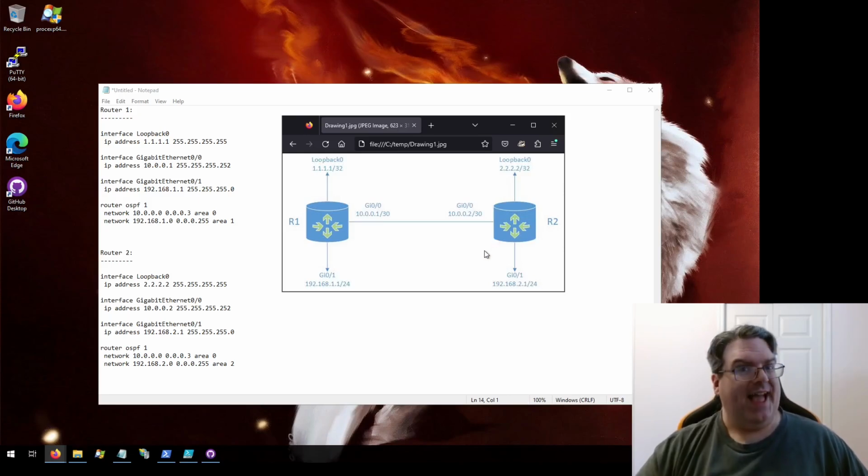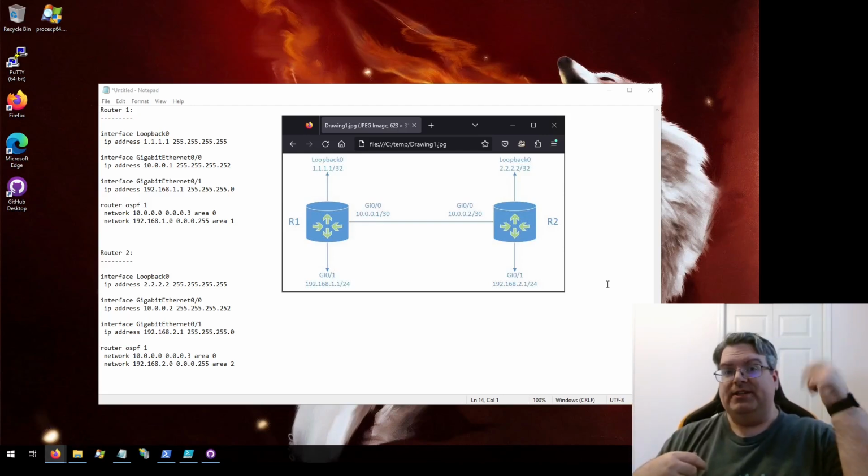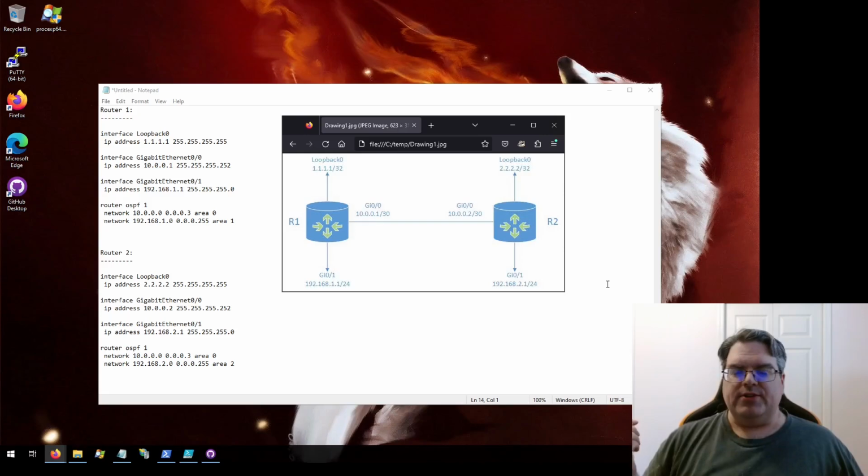Now, does it have to be unique? Yes and no. Within an area, it has to be unique. Because if you have two routers saying, hi, I'm area 0 and I'm router ID 1, hi, I'm area 0, I'm router ID 1, there's going to be a massive conflict. So that's not going to work.